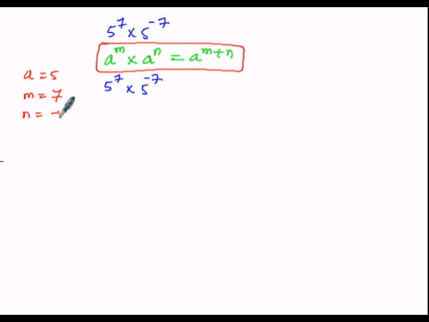Then the resultant will be 5 to the power of 7 plus minus 7. The 7 is written as it is because it is positive, and plus into minus is minus, so we have to subtract, that is 7 minus 7 is 0. Then that equals 5 to the power of 0, or else we can cancel plus 7 and minus 7.